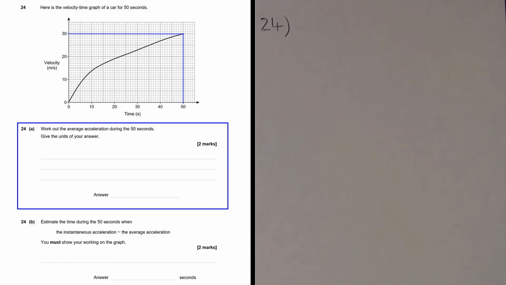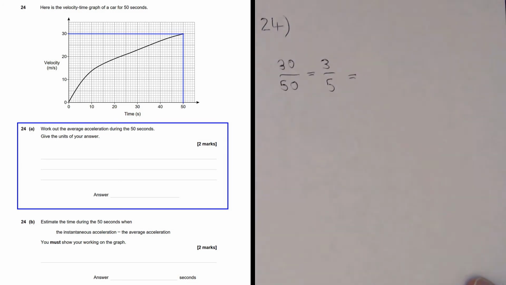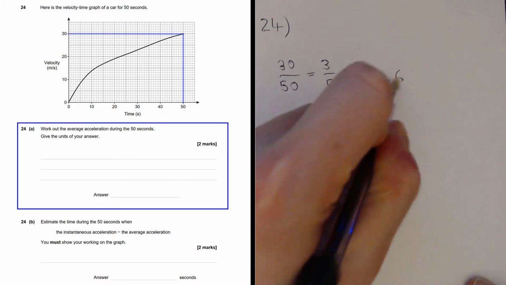If we've got up to a speed of 30 metres per second in 50 seconds, that means that our average acceleration was 30 divided by 50, which is 3 divided by 5. To divide by 5, that's the same as dividing by 10, then multiplying by 2. So that's the same as 0.6.